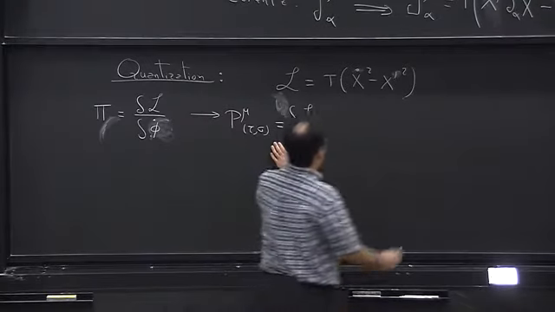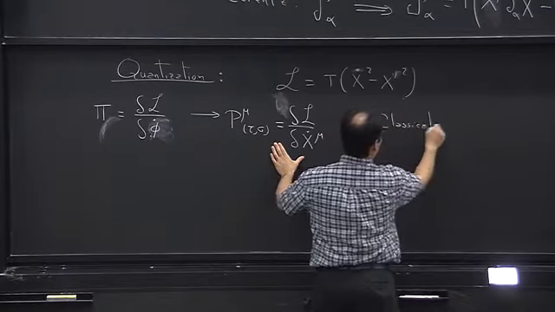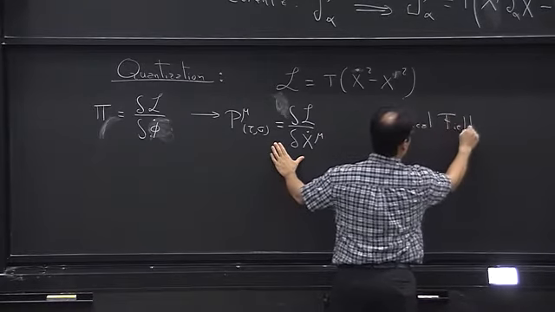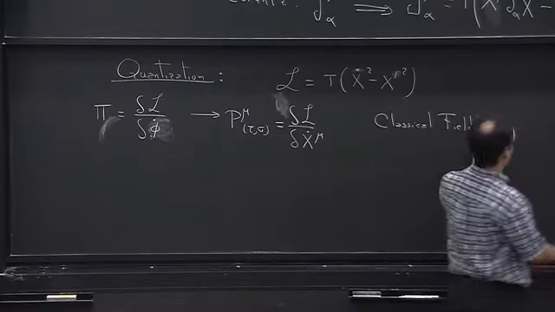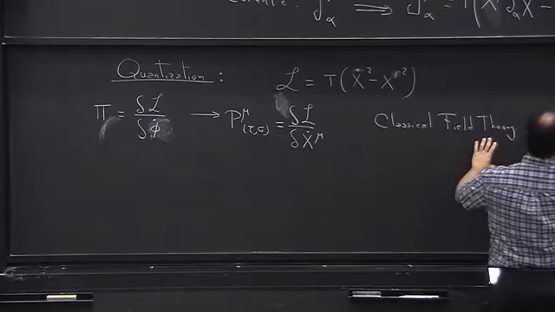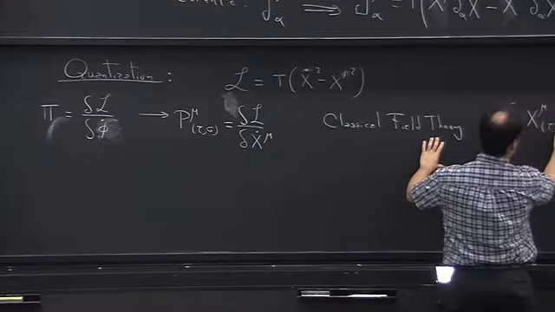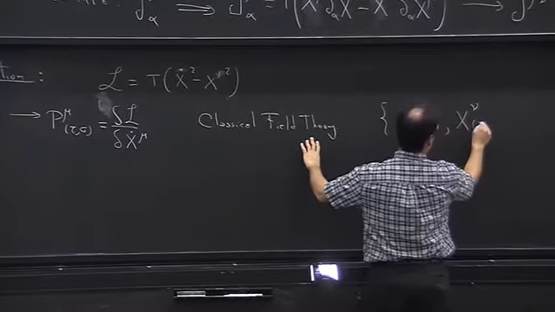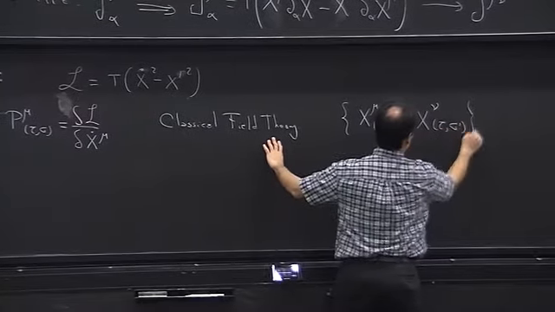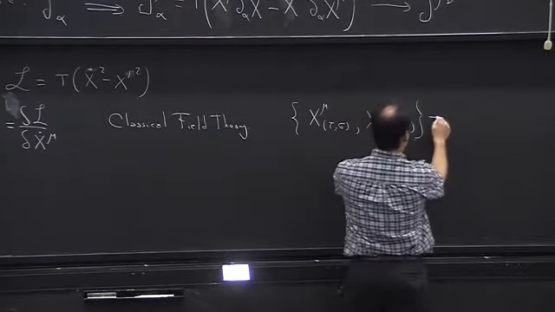Of course, in classical field theory, the natural object to study is the Poisson bracket at equal times, but different positions.